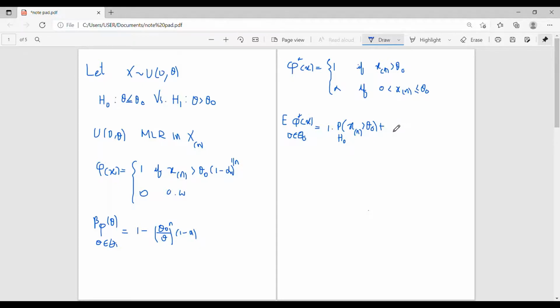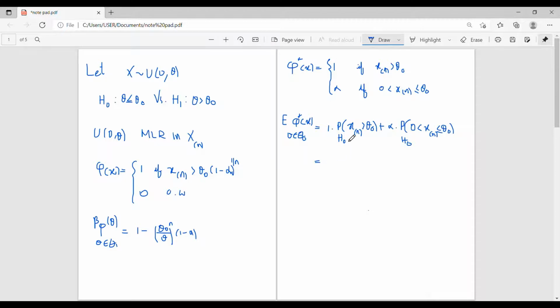plus alpha into the probability that 0 is less than Xn less than or equal to theta naught under H naught. Under H naught the value of theta is less than or equal to theta naught.